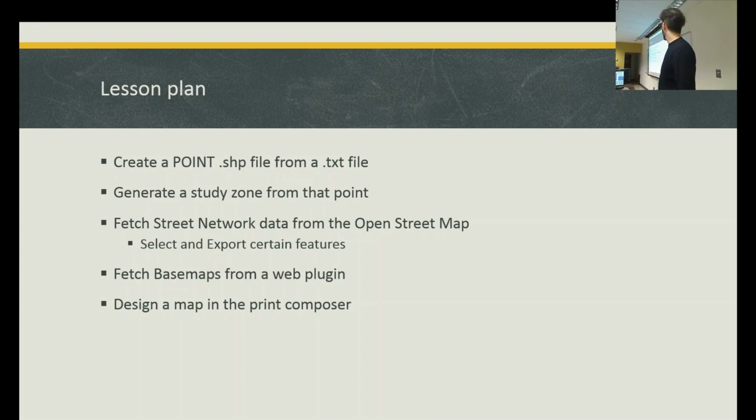The OpenStreetMap project is people from all over the world who are geocoding the streets themselves. They record their own GPS points, create the lines in the map, and then add it to this giant collection of all the streets in the world. So it's online, and we can access the data. We're going to use a plugin to fetch some of that data. We're going to get base maps from a plugin, and then the print composer.